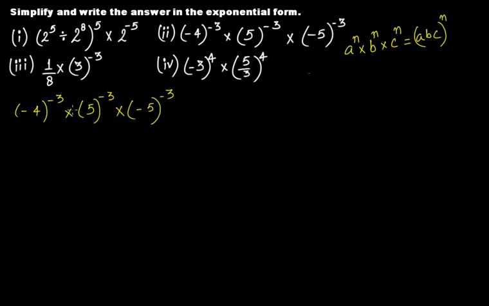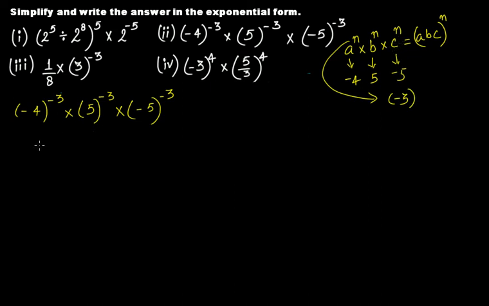So in this case, your a is minus 4, your b is 5, your c is minus 5, your n in this case is what? Minus 3, right? This is a law of exponents.